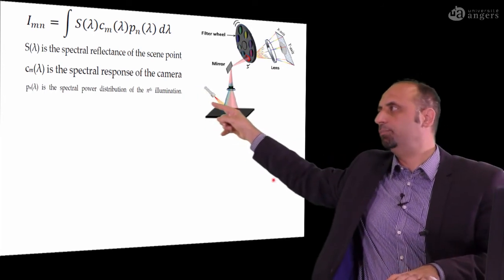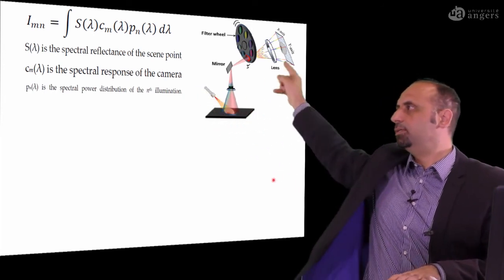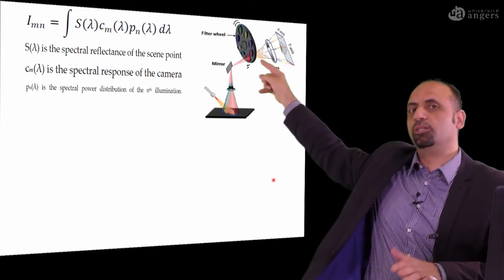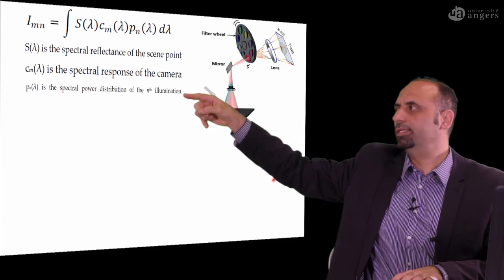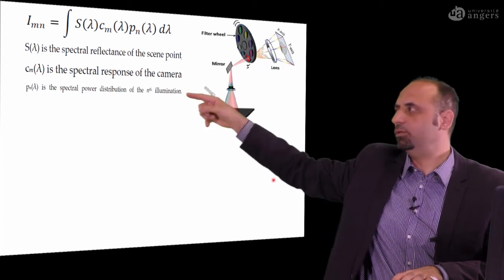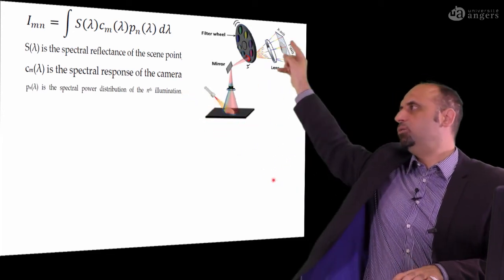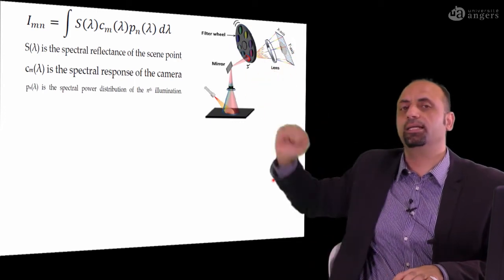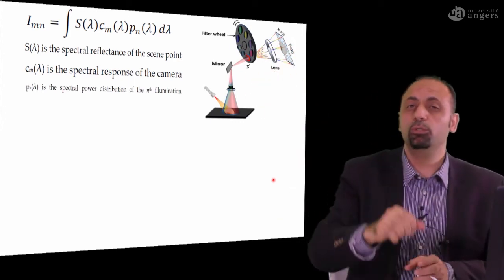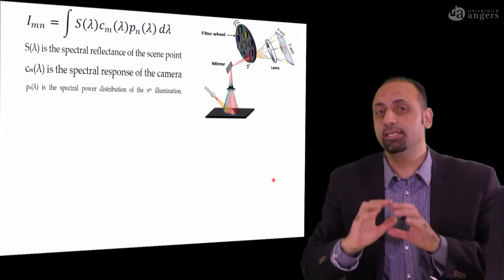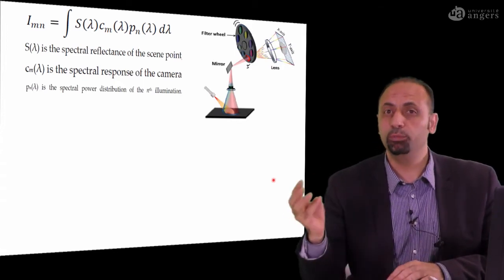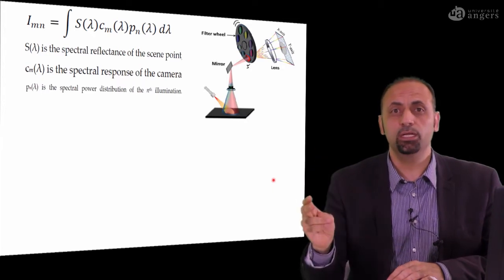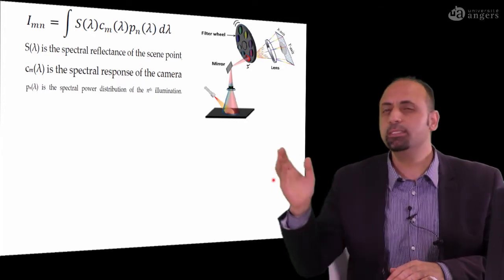If you have bad illumination, that means the signal received by the camera will be bad. But if you have a high power of the incident light, that means you have a high signal in the sensor. So you need to take into consideration this integration between information coming from the object, from the sensor, and from the illumination. This is the theory.